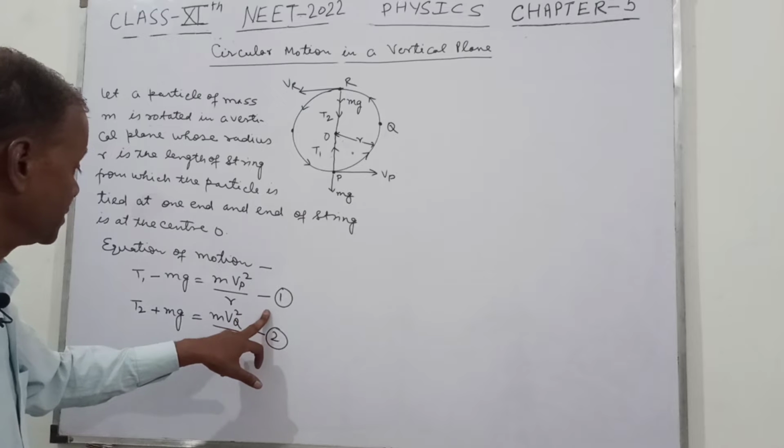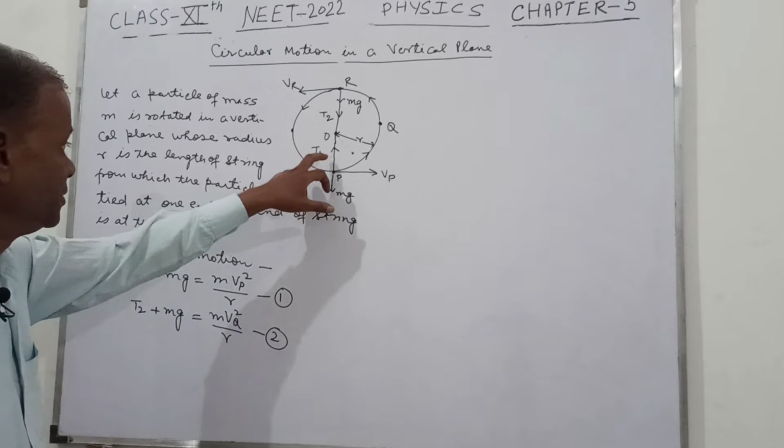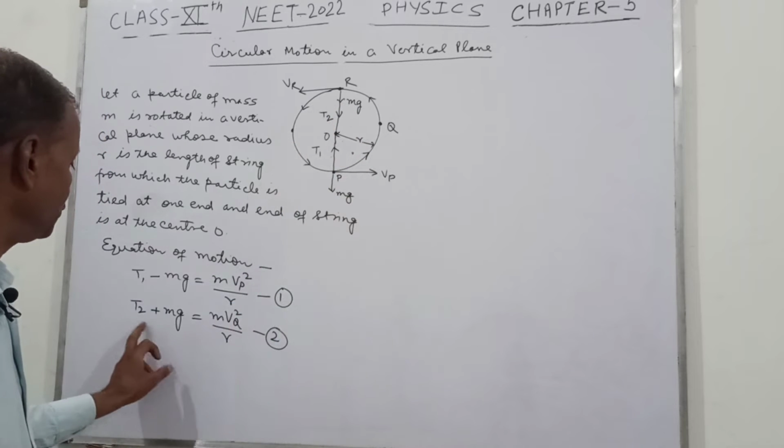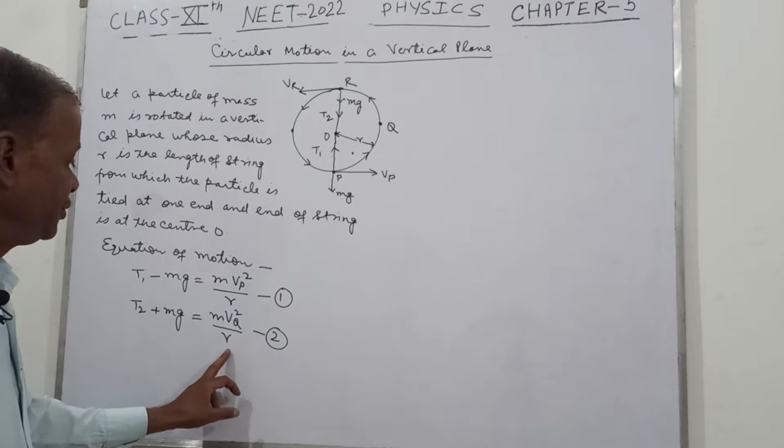The resultant of these two gives the centripetal force, because these two are in opposite direction and these two are in the same direction. So T2 plus mg equal to m vq square upon r.